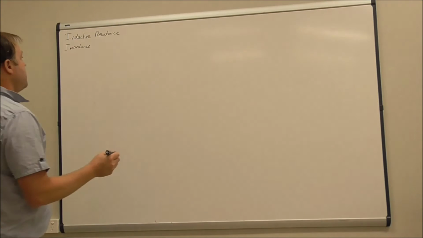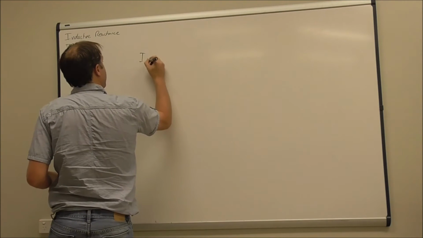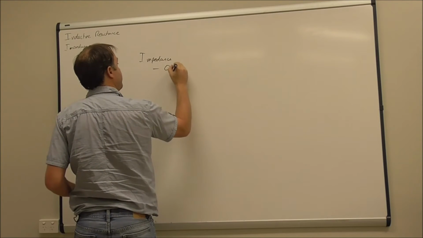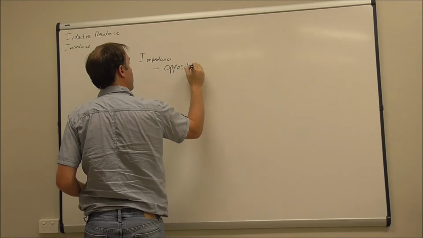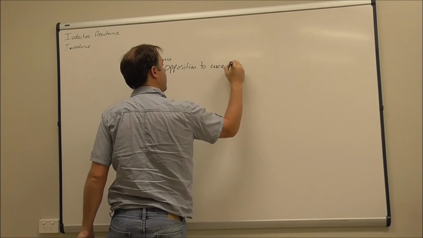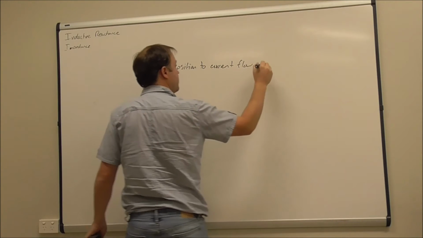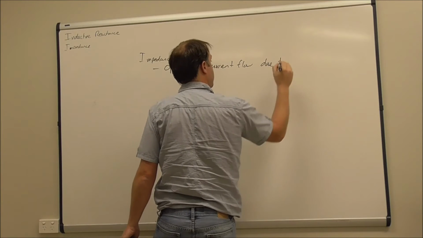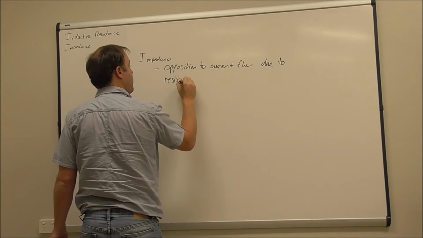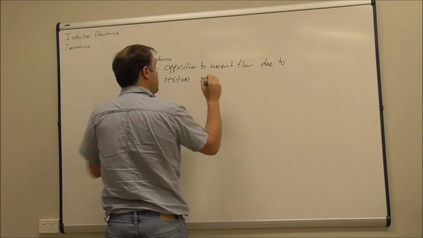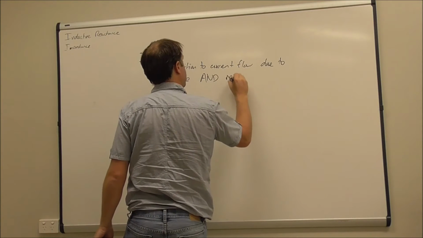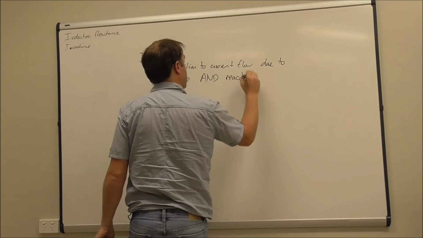So impedance is the opposition to current flow due to resistive and reactive components.